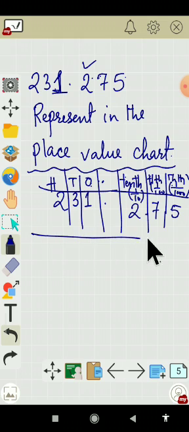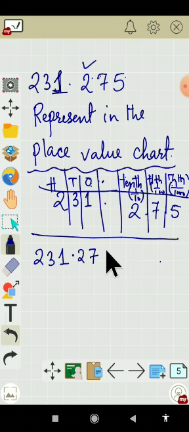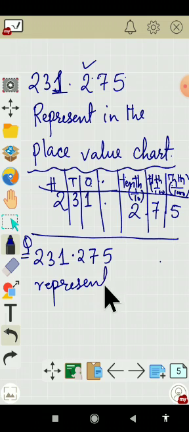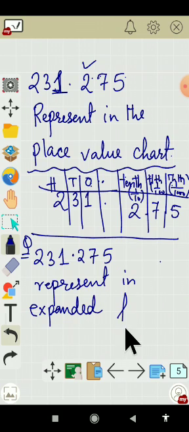So suppose the same number I have taken, 231.275. Now the question is represent in expanded form. So how do you represent this one in expanded form?